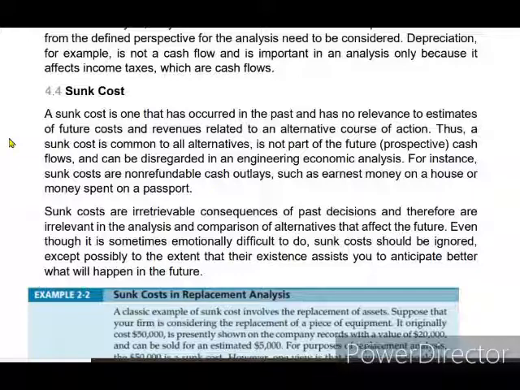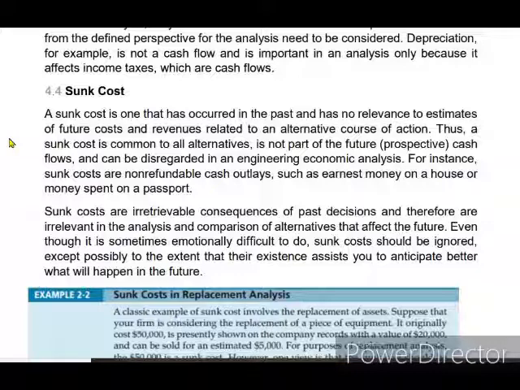It's not part of the future prospective cash flows and can be disregarded in an engineering economic analysis. For instance, sunk costs are non-refundable cash outlays, such as earnest money on a house or money spent on a passport. That is why it is called sunk cost, because it represents an expenditure in the past.